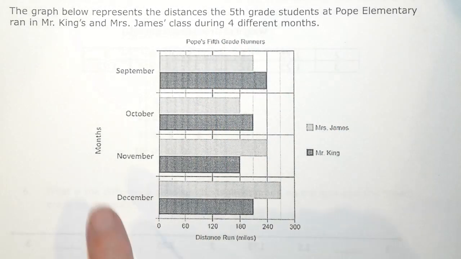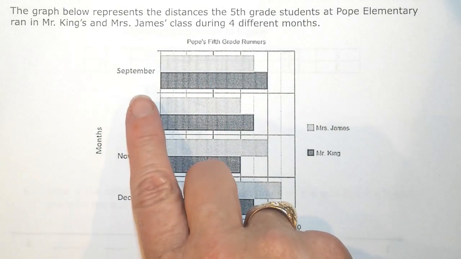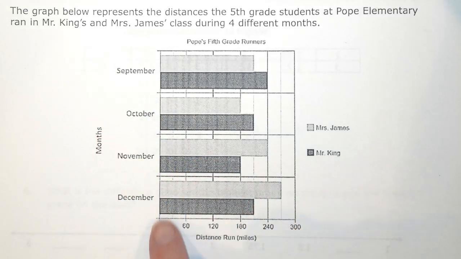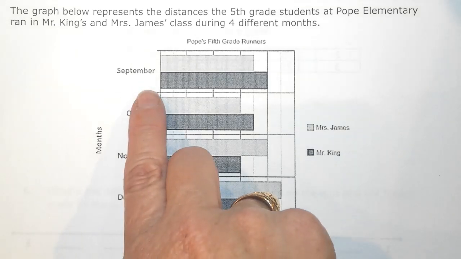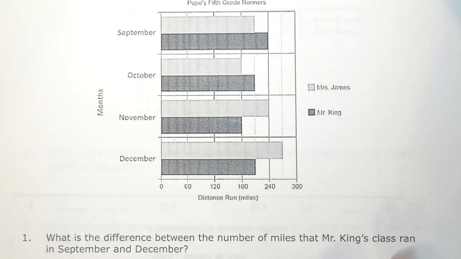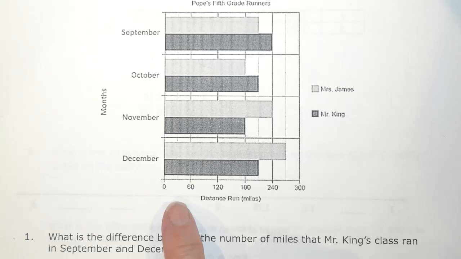And what I'm noticing is that I have the months listed on the y-axis over here on the side, starting with December, November, October, and September. On the x-axis, it looks like we have the distance run, and this would be in miles.